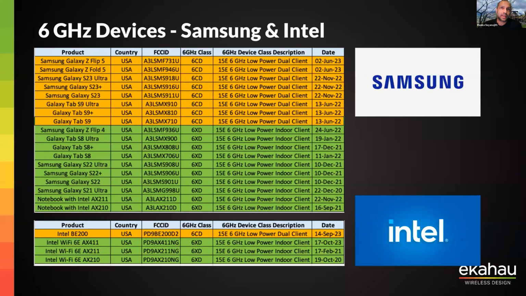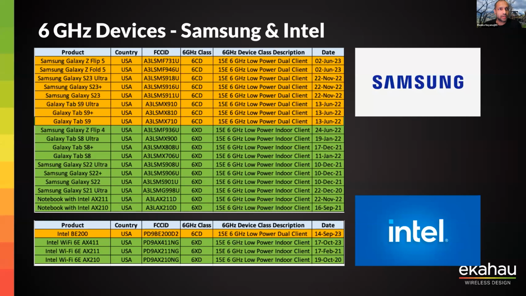Yeah. So from the Samsung point of view, I think they're the ones who started the first 6 gigahertz supported clients. You can see their list is long, but from their list, starting with Galaxy Tab S9 or Samsung Galaxy S23, onward, they're all supporting the 6 SCD category, which is the dual client.